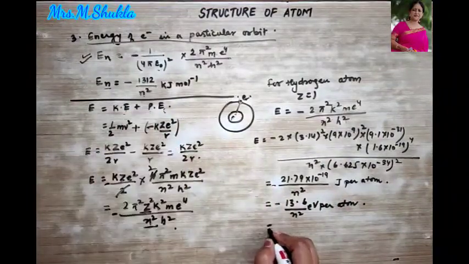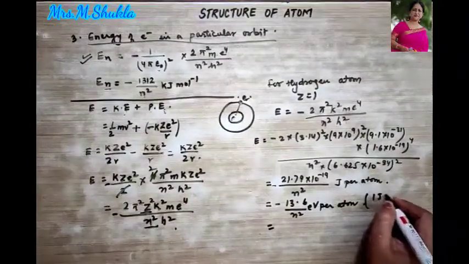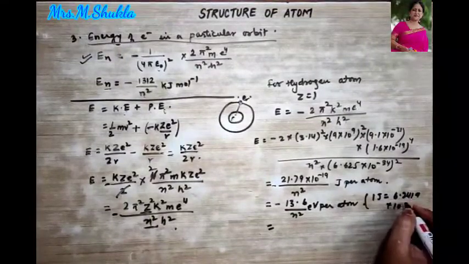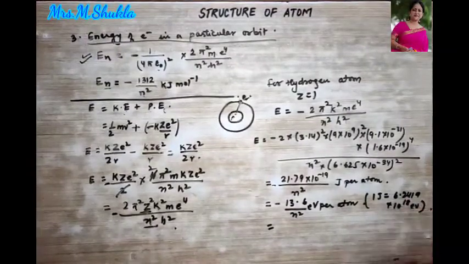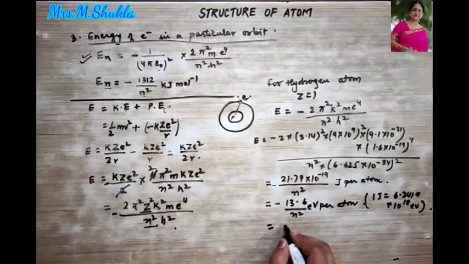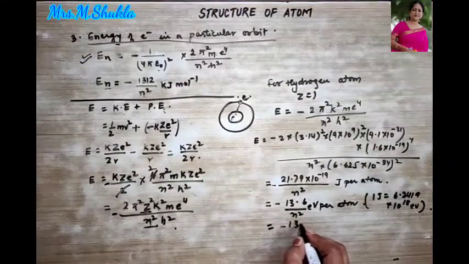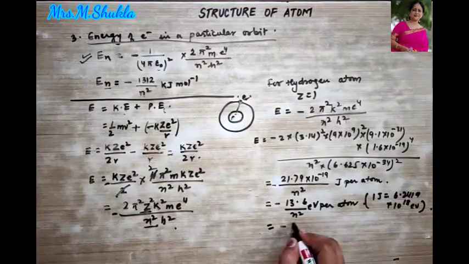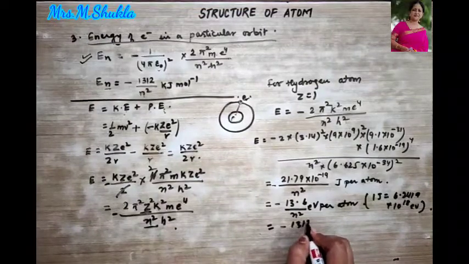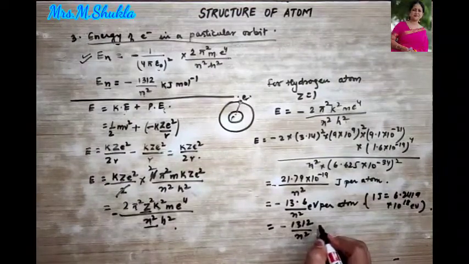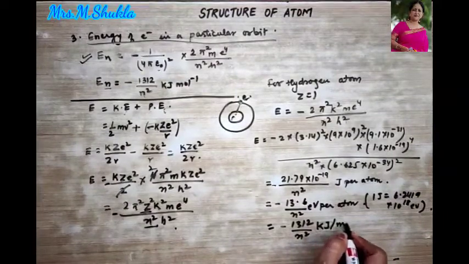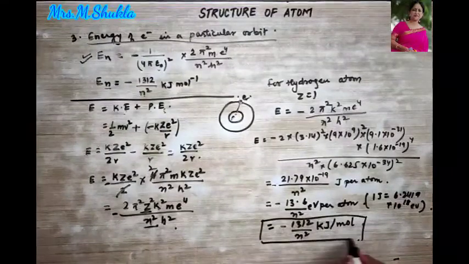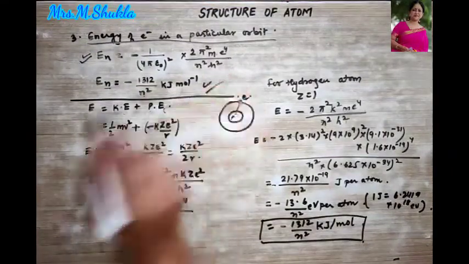And then this value becomes minus 1312 upon n square kilojoules per mole. Okay, so this is the value that you have to learn. This is what I have given you over here.